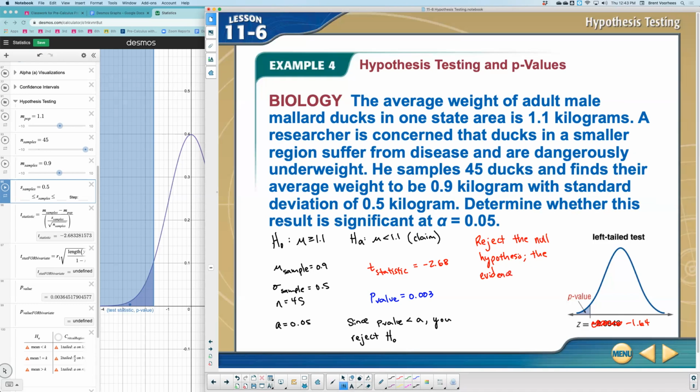Or I should say, does not reject the claim, because you don't really accept anything. You either reject or do not reject. So the evidence does not reject the claim, which happened to be the alternative hypothesis. Okay, and so that would be our answer here. And so that's what that p-value is right there.